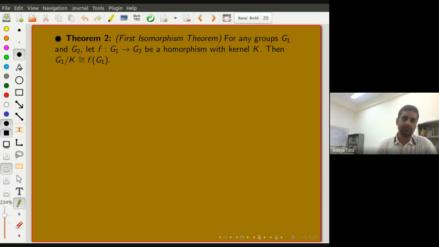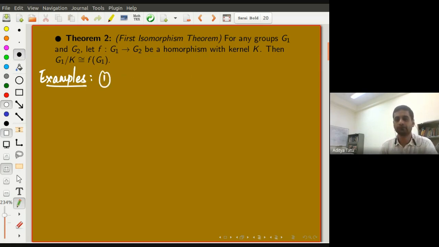Let's take a couple of examples. So would somebody care to give me an example of two groups and a homomorphism between these two groups? Anyone?